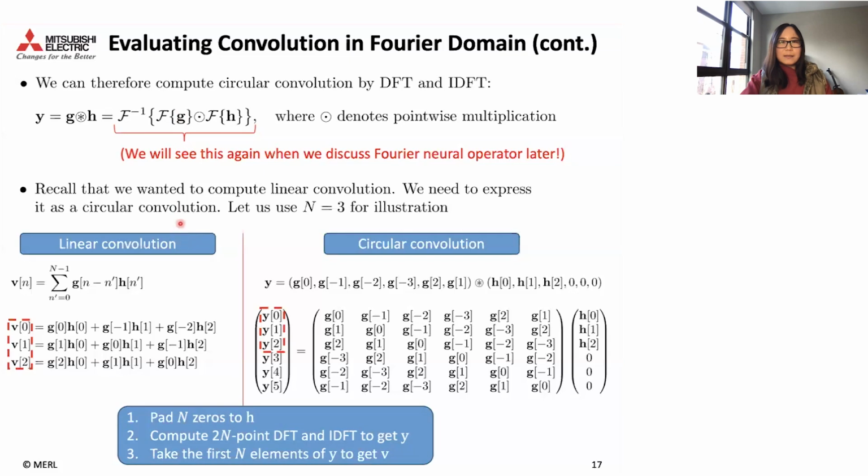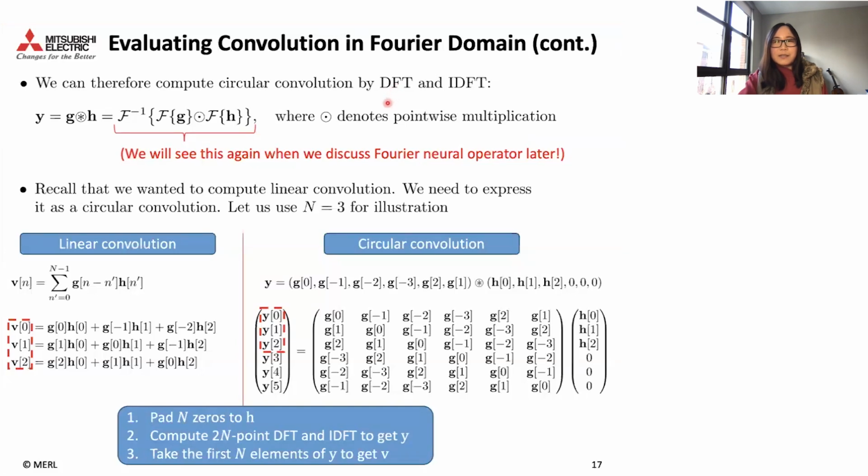Our goal is actually to compute the linear convolution, but in our computer, we use the fast Fourier transform, which is an algorithm to compute a discrete Fourier transform.